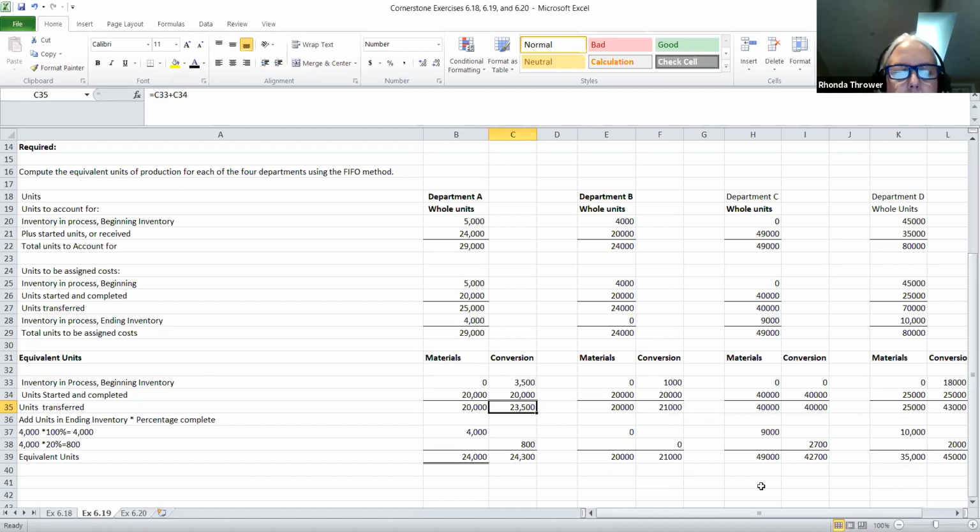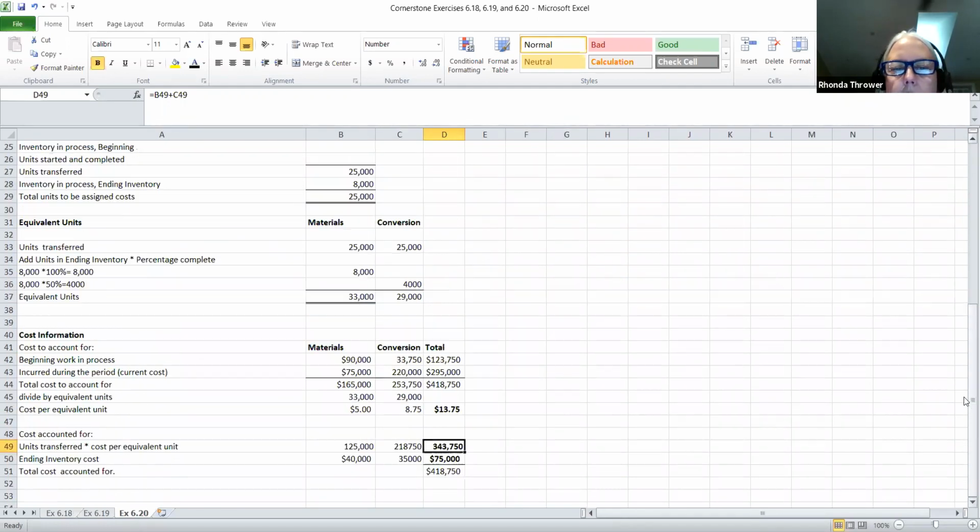And the remainder is done the same way. So I'm going to post this spreadsheet so you'll have a record of it, but I don't see any need to go through the rest of these because they're just like doing this. So I'm going to move on to the next exercise.